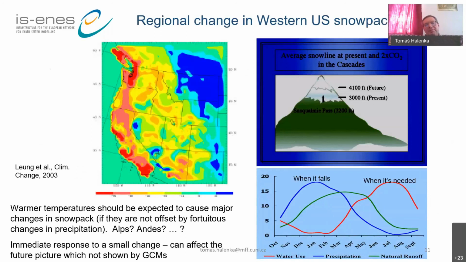That's an example I already showed you, and you can see clearly here the added value or benefit from using higher resolution regional simulation, because in a global model you cannot resolve all the heights of topography where you can get snowpack and snowpack changes.